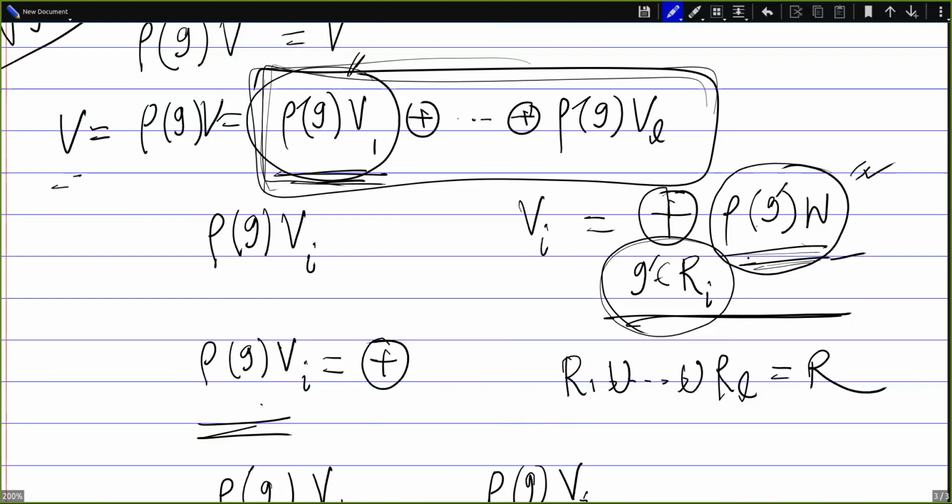times this subrepresentation occurs. If you look here, the subrepresentation here is isomorphic to some phi, let's say phi ki.